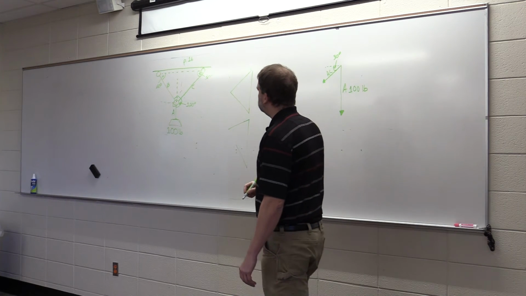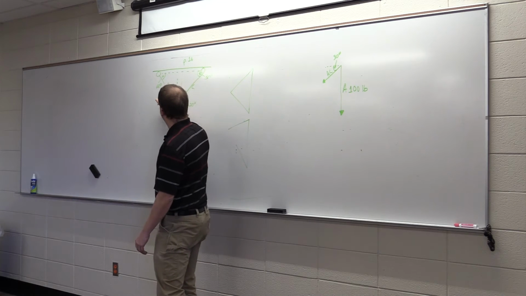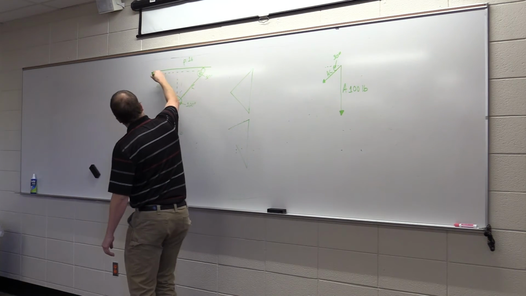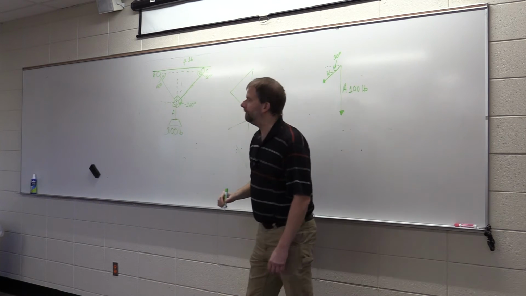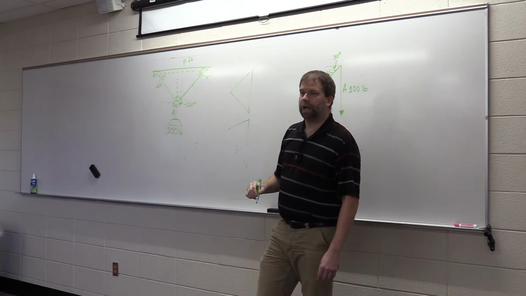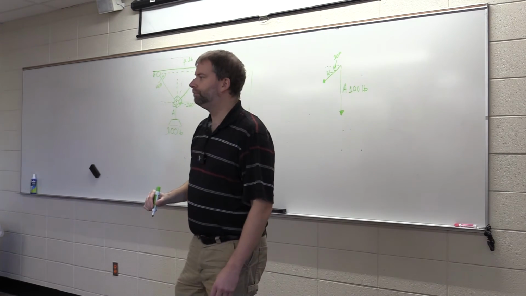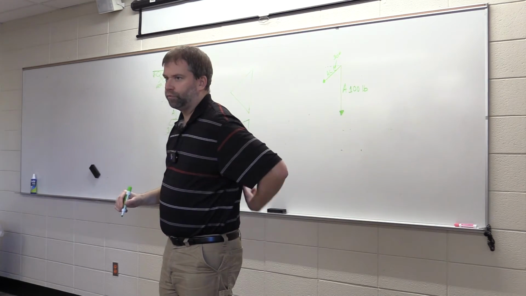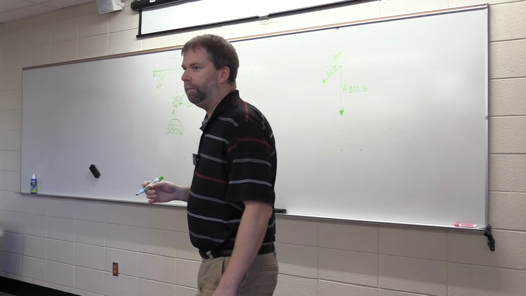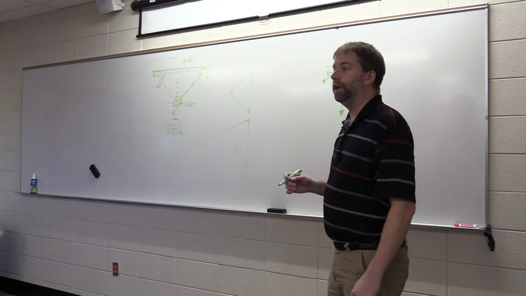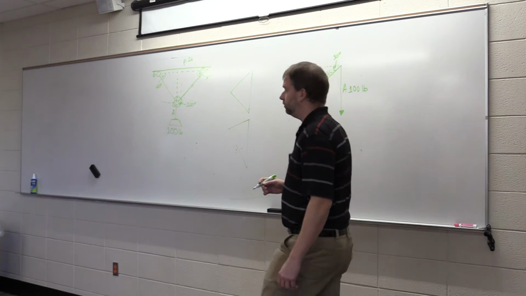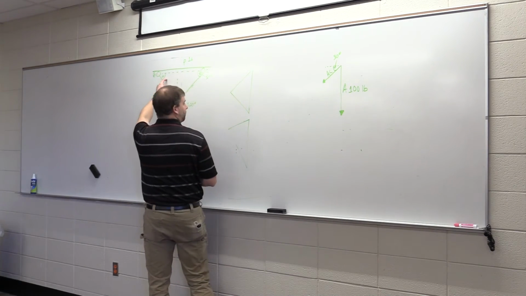What do we know about this one, AB? How is it behaving? We don't know its magnitude, but we know its angle, right? This one is 60 degrees from the horizontal.